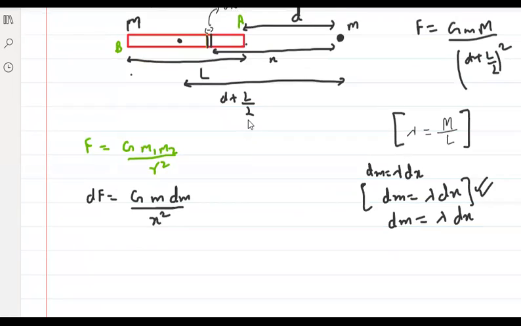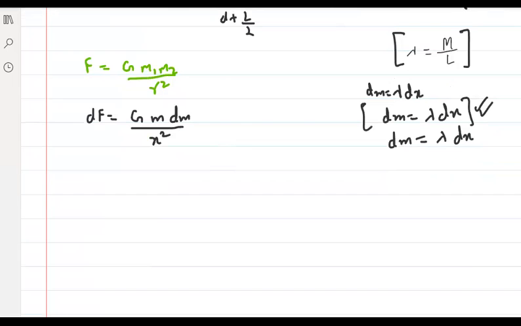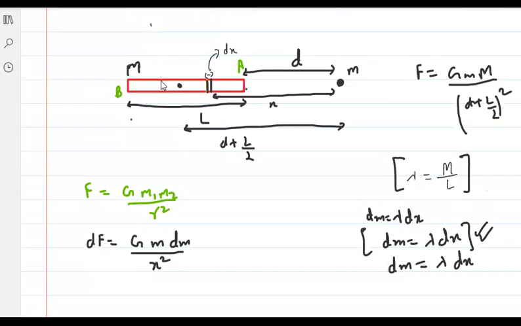Now what we have to do? Ask yourself. Samya, see, this is the whole length of the rod, and we know that we can find the force between two particles only.